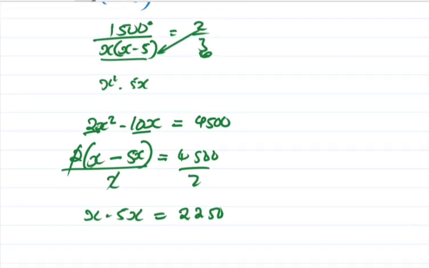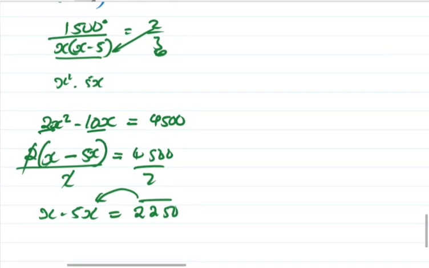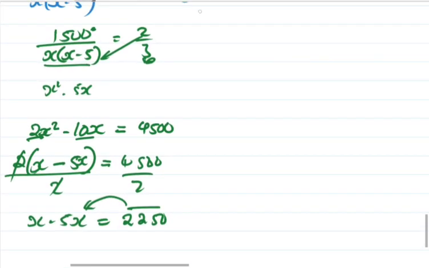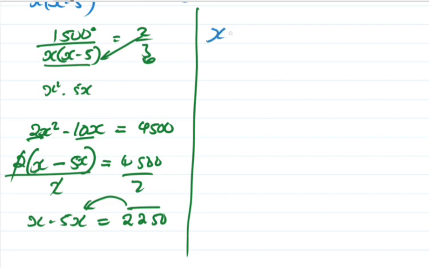We're going to have this. Let's take this one. I believe this side we have x squared minus 5x, then minus 2250 is equal to 0. Then you have to solve this one by factorization. So just simple.